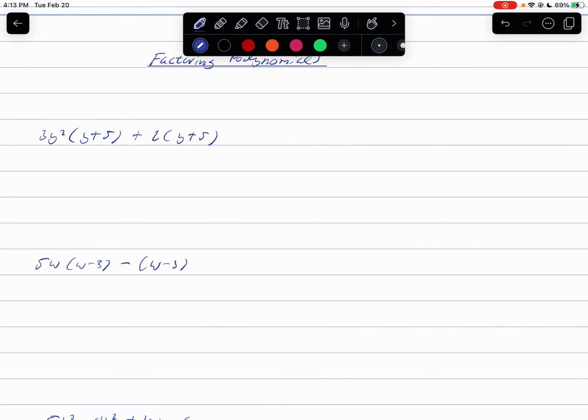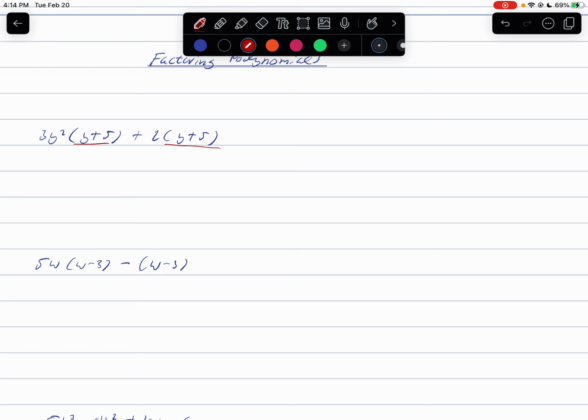Here we have 3y squared times (y plus 5) plus 2 times (y plus 5). So right away, what you're going to notice is that they both have y plus 5 in common here. Since they both have y plus 5 in common, and it's in parentheses, you could think of that as just one term, so we're able to pull that out.